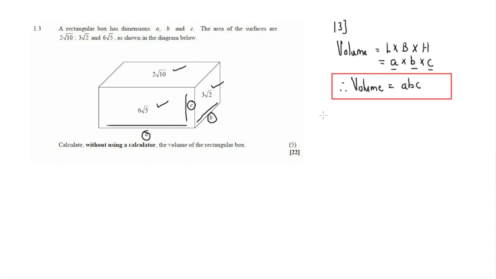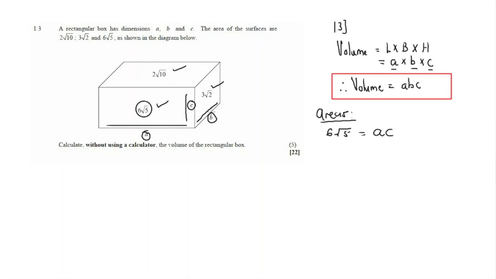And we see that the surface areas in this case are calculated as follows. Let's start with this face: the area 6 root 5 is calculated as a times c, so it's AC.